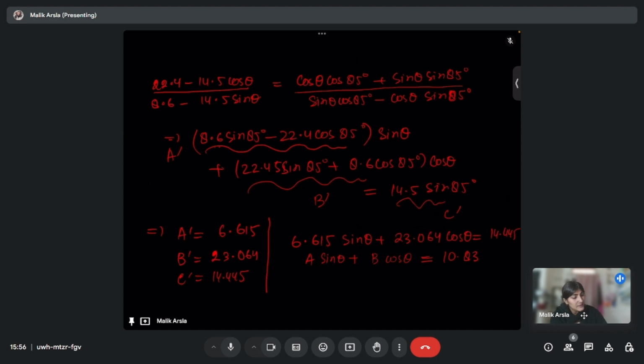From here you can see that if I divide by 14.445, it will be 6.615 upon 14.445 and 23.064 upon 14.445, and on the right hand side it will become 1. Similarly I will make it here, then I can compare the coefficients. So 6.615 upon 14.445 will be equal to a upon 10.83. So tell me, what is the value of a you are getting from here?